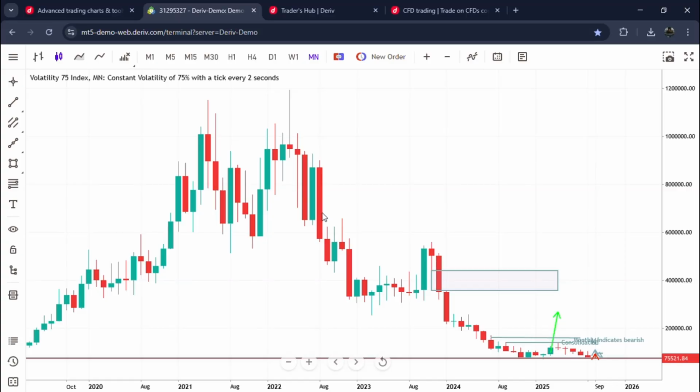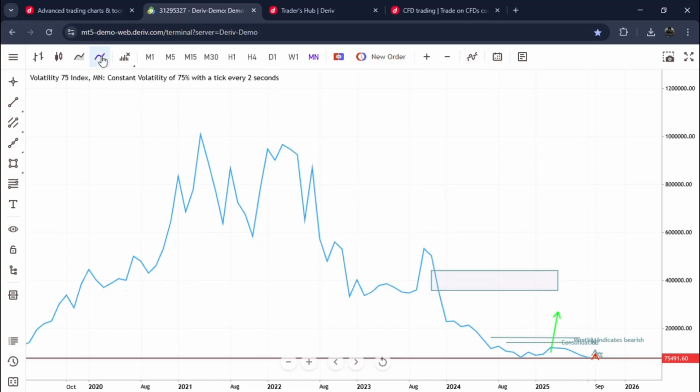If you don't know how to identify trends, you can use trend lines or switch your charts into line charts and try to identify that. So from this, you can understand that the market formed three things here: one, a bullish trend, sideways, and then later a bearish.